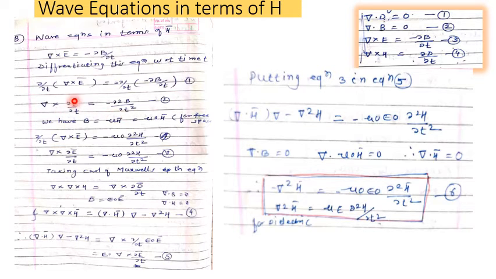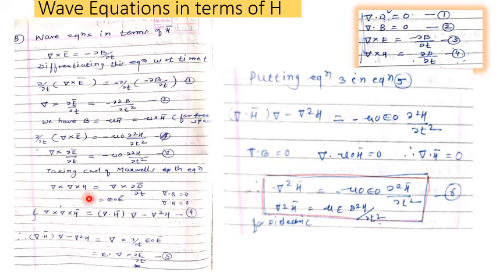We can directly represent and rearrange the term: take del by del t inside, del cross of del E by del t minus del 2 B by del t square. But B is equal to mu H, and you can write mu 0 H. So put the value of B here, and we get the equation del cross del E by del t minus mu 0 del 2 H by del t square. Now taking the curl of Maxwell's fourth equation, take the curl of this equation.